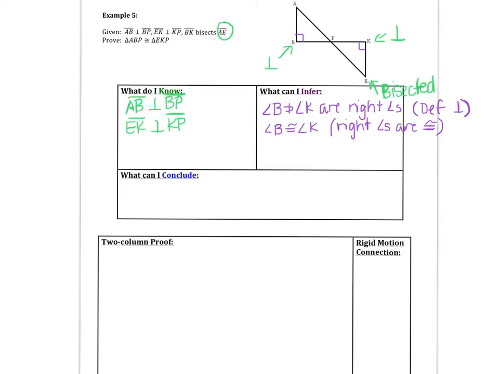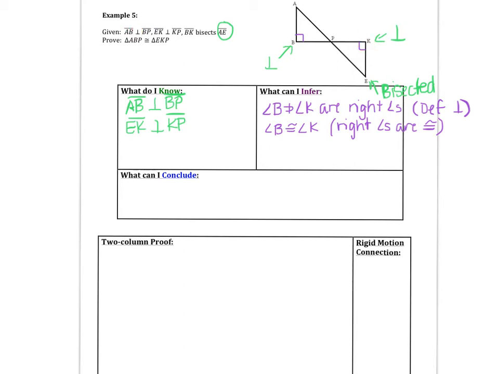And the reason that I had to do that in 2 steps, unlike the one that we did earlier, I think it was example 2 or 3, is because these were 2 separate given statements. Before, we knew that they formed four right angles all together. Whereas here I had one given statement and another given statement.